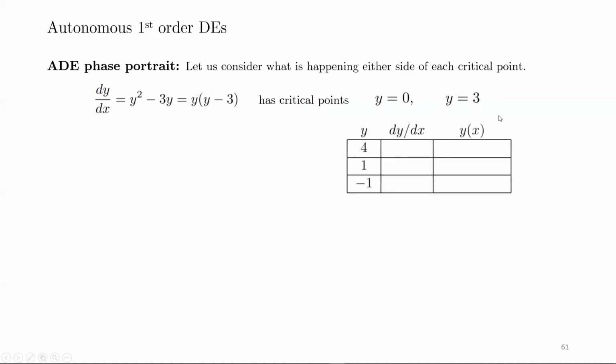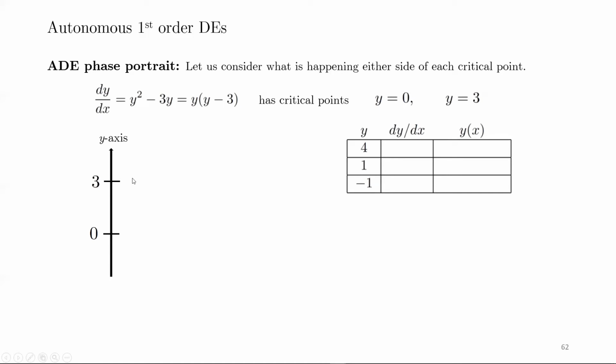For y equals 3, either side of 3 is 4 and 1, just picking any numbers either side of that. For y equals 0, picking any two numbers either side of 0, 1 and negative 1. Well, here is the y-axis, so as we change y, here are our two critical points, 0 and 3.